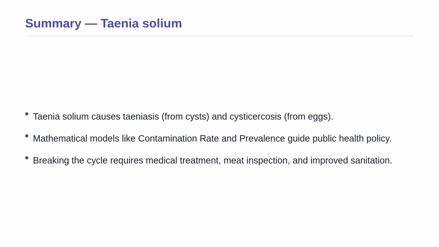Second, we learned how to quantify the parasite's threat using the environmental contamination rate and the disease prevalence formulas, proving how simple math guides critical public health policies. Finally, breaking this transmission cycle requires a combination of medical treatment, rigorous meat inspection, and systemic improvements in sanitation. You now have a solid foundational understanding of this complex parasite.